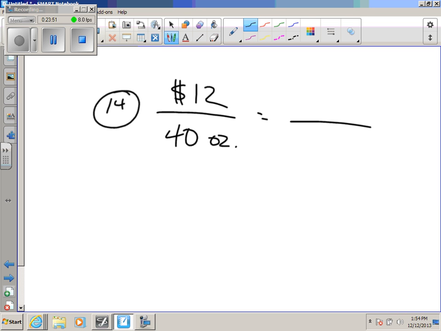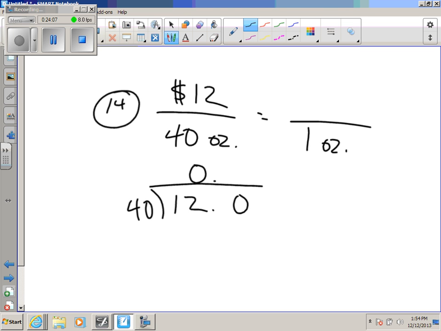You can tell me how much I'm paying per ounce. 12 divided by what? Is 40 going to 12? Is it going to 120? 3. What is that in terms of dollars and cents? So your answer, 30 cents.